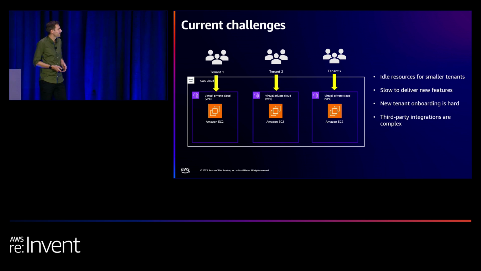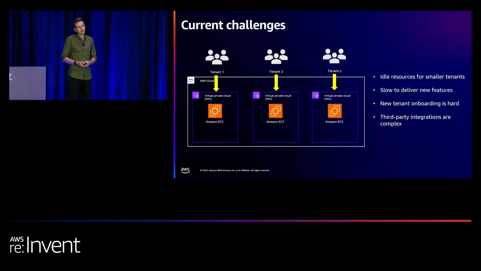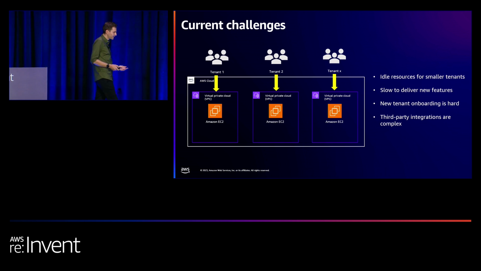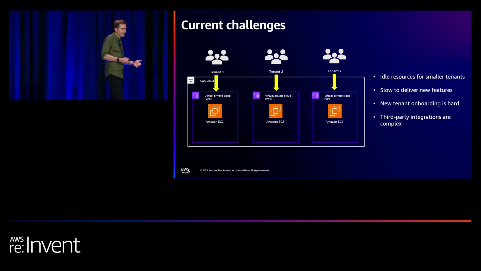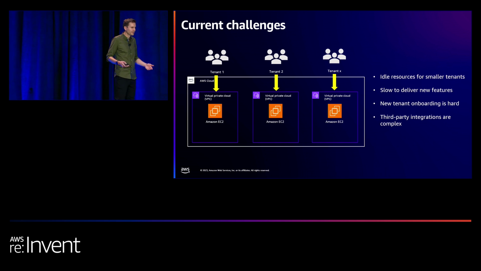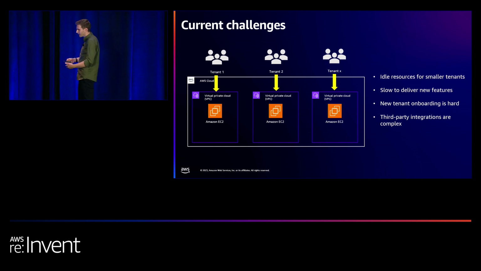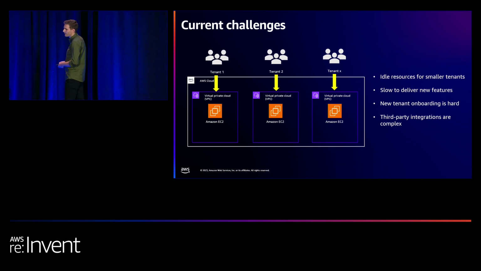One of them is idle resources for smaller customers, smaller tenants. Right, some of these businesses are just a single site, and some days they barely use the system. There's just a few requests within a day. Remember that these are restaurants as well, so they're generally operating in meal times, lunch and dinner, but outside of that, the activity is fairly low.